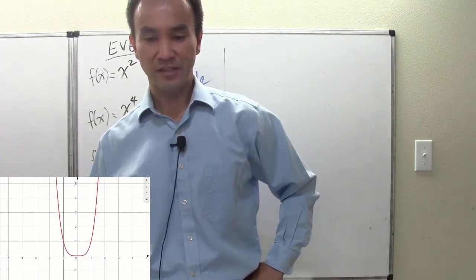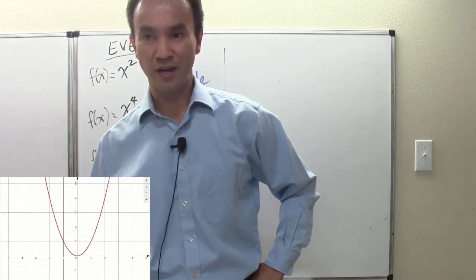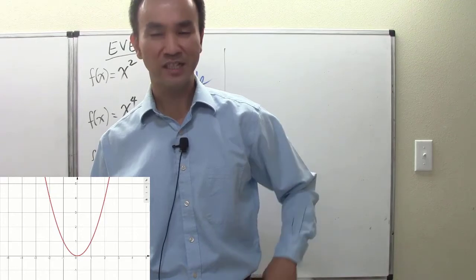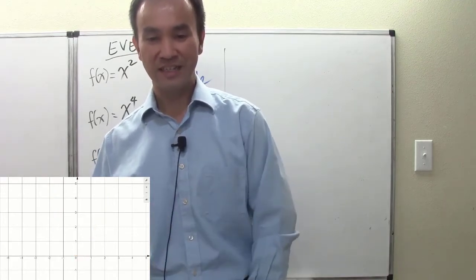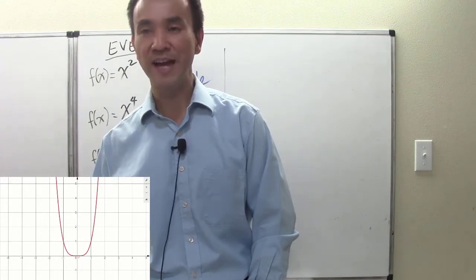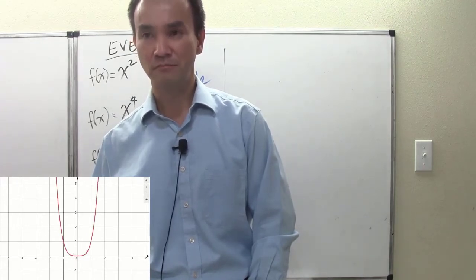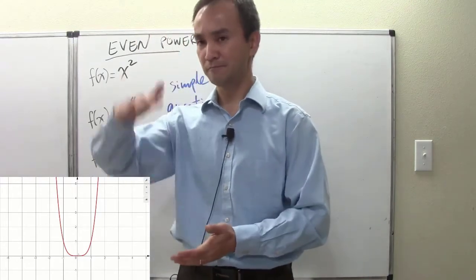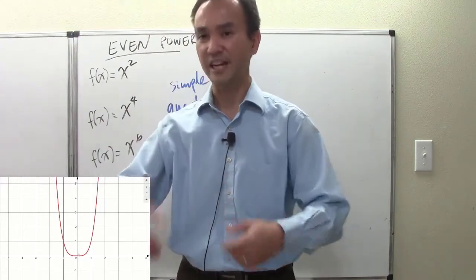Now let me hide x to the fourth and bring back x squared. They both have the vertex down here, but what's the difference we have already observed? The x to the fourth looks just like the x squared, but more flat at that bottom peak. Formally we call it a vertex.